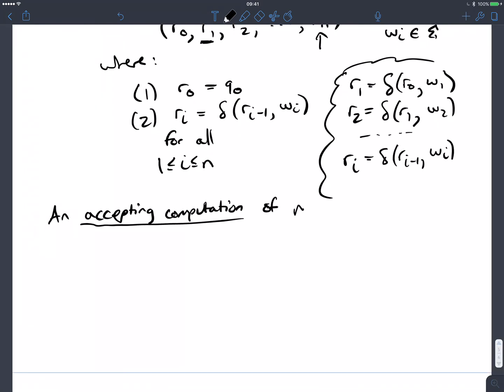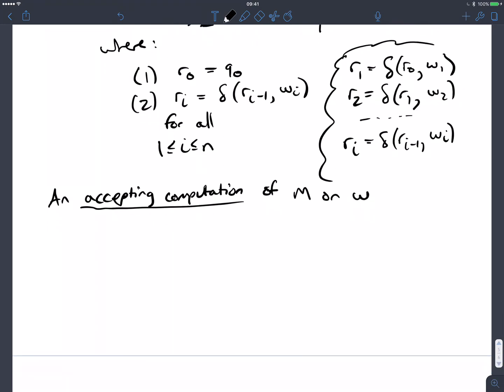Of the same machine on W. Well, it better be a computation. And let's just say it is R0 up to Rn like we did before. It's just this sequence of states.